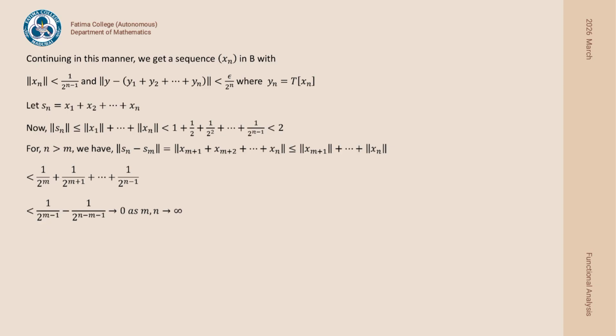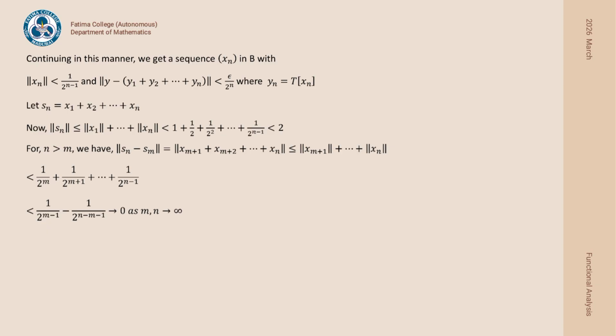By the definition of norm, this is less than or equal to norm xm plus 1 plus and so on plus norm xn, which is less than 1 by 2 power m plus 1 by 2 power m plus 1 plus and so on plus 1 by 2 power n minus 1. As it is a geometric series, on simplification, this is less than 1 by 2 power m minus 1 minus 1 by 2 power n minus m minus 1.